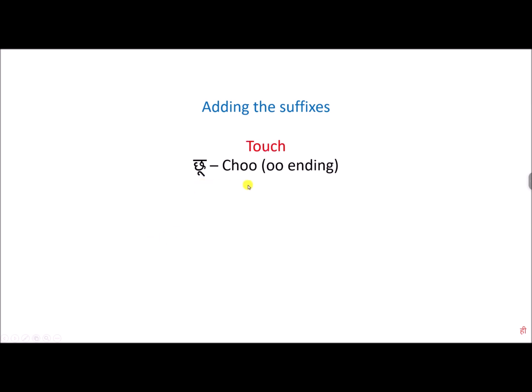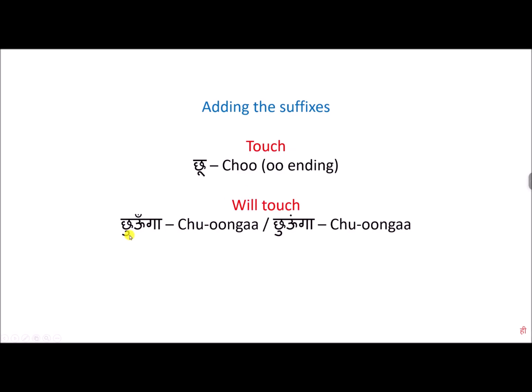Next, if we have oo ending like choo, then we reduce it to chu and add unga. This is choo, this is chu, चू चूंगा छुएंगे.